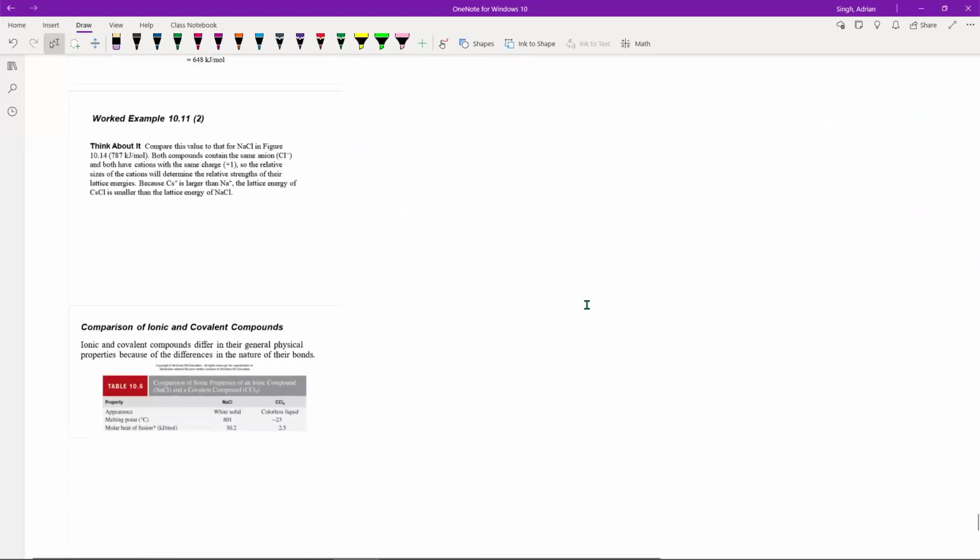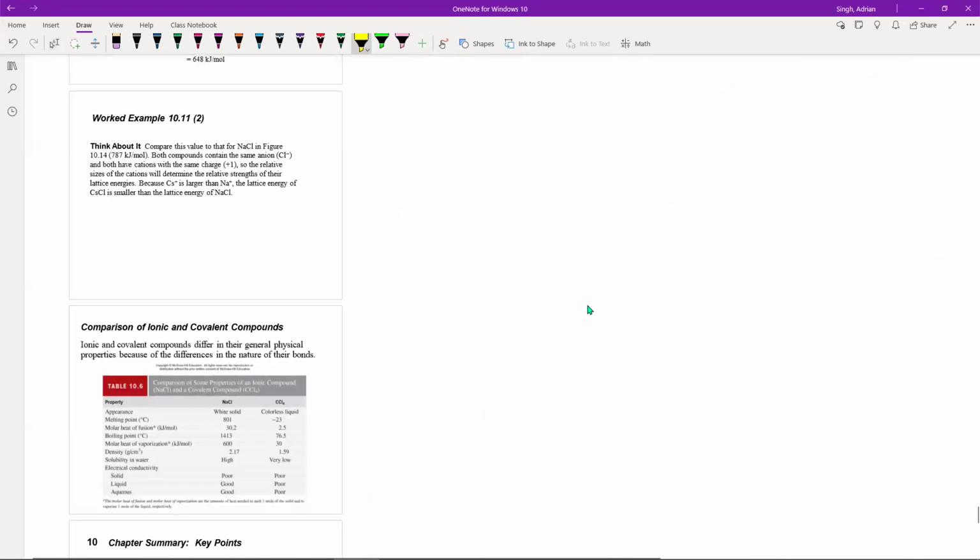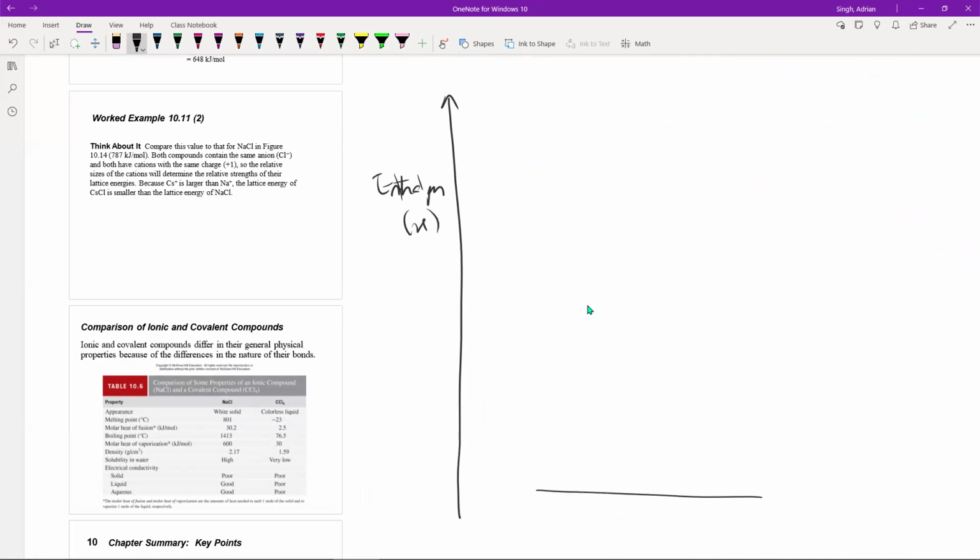So if I were to draw something similar to what I did before, I have my enthalpy here on the y-axis. So that's H. I can write out the solid here, my cesium chloride, so CsCl in the solid. I can get to that from a couple different places.